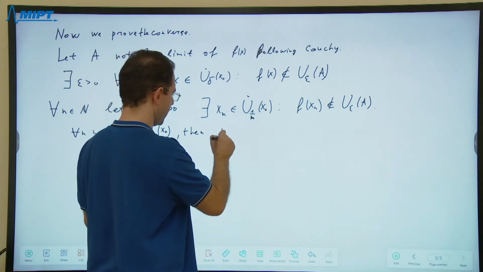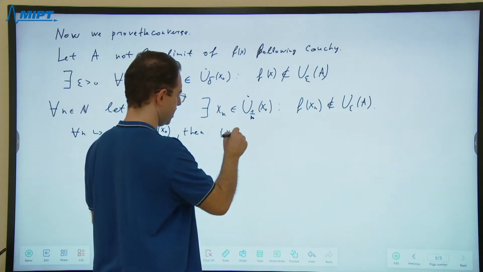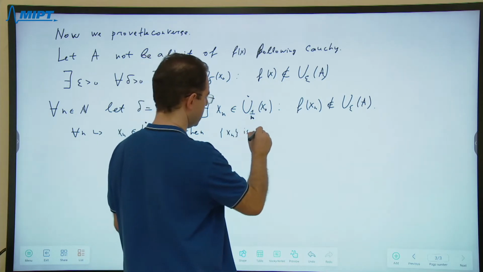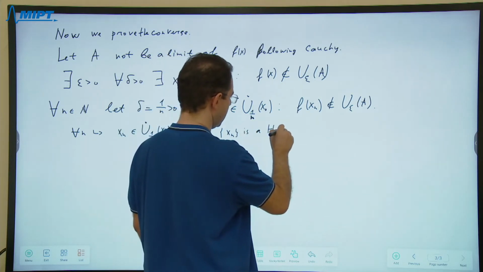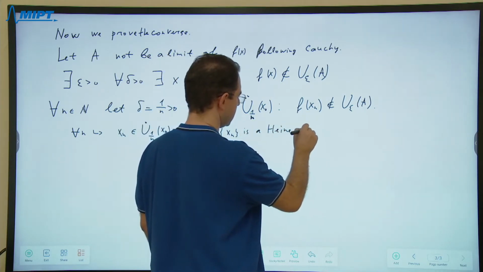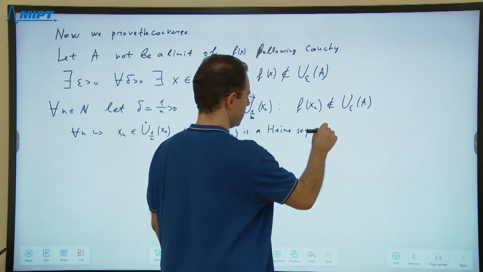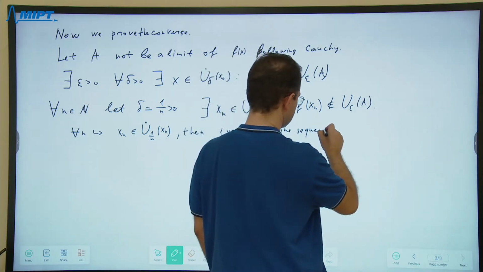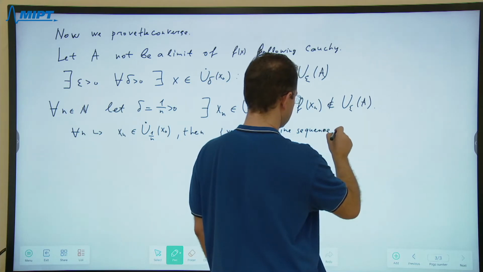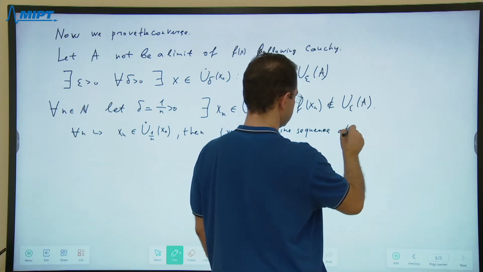Then the sequence xn is a Heine sequence at x0.